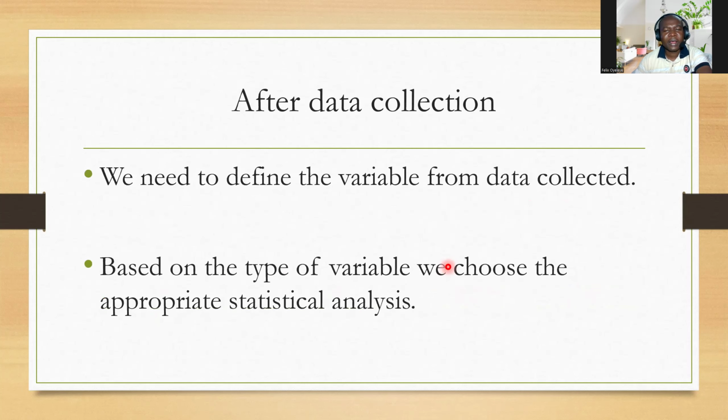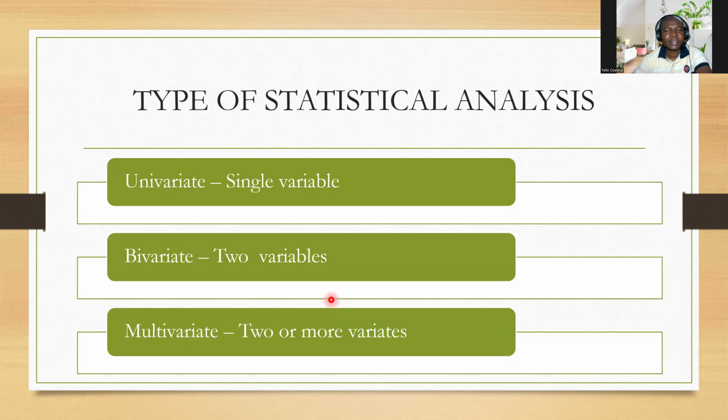Okay, so after data collection, the usual thing we do is that we want to define our variables. Based on the type of variable, we choose the appropriate statistical analysis. Generally, depending on the number of variables we are looking at in our data sets, we can have it classified into three types: the univariate, the bivariate, and the multivariate.